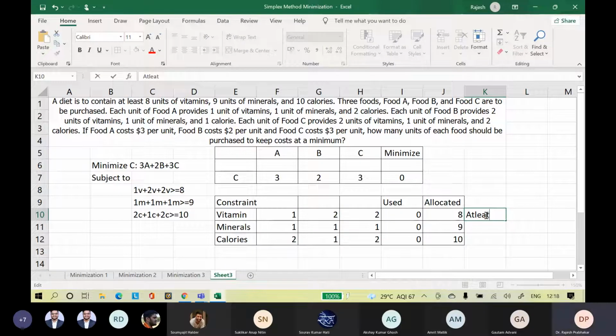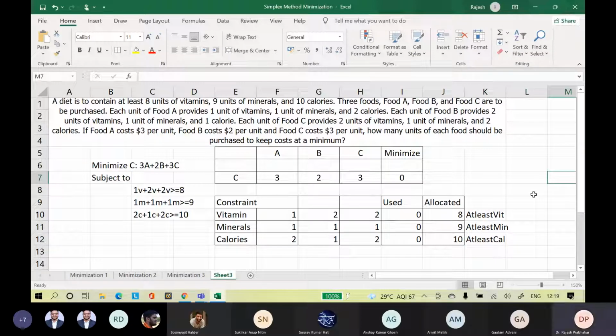This is at least the vitamin units, this is at least the mineral, this is at least the calories.